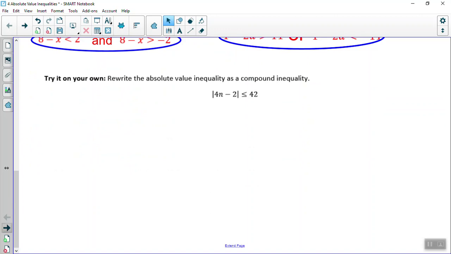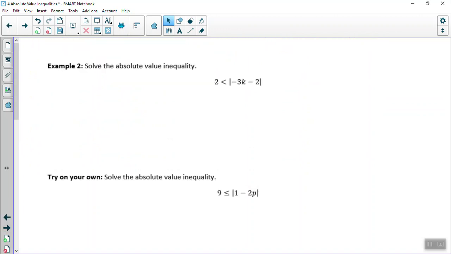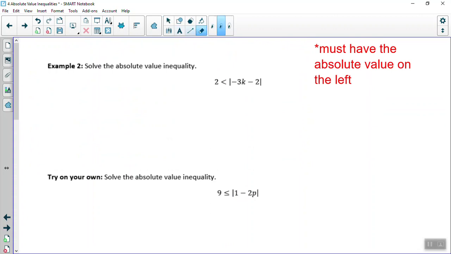Okay, let's go to the next page. All right, now we're going to actually solve. So we're going to split them up, and then we're going to solve. And the first thing we have to make sure that we do, though, is we must have the absolute value on the left side. That's key. It must be on the left side. So we're going to have to flip this whole thing around first.